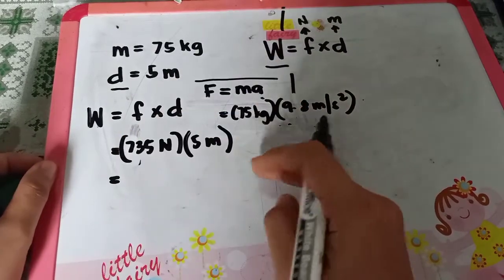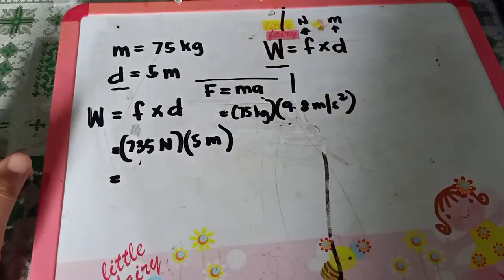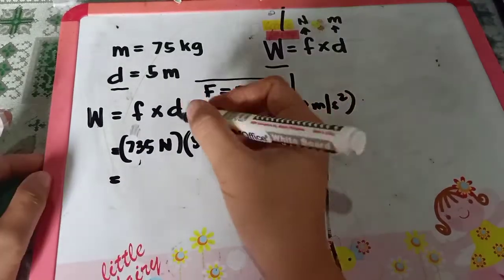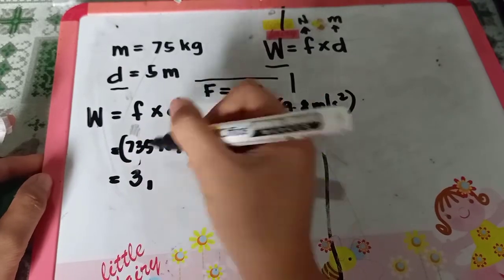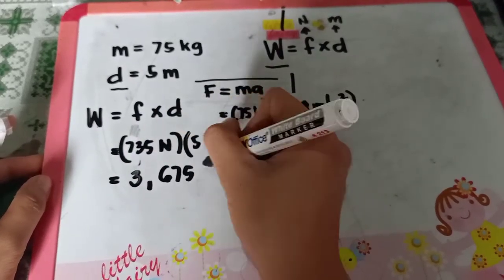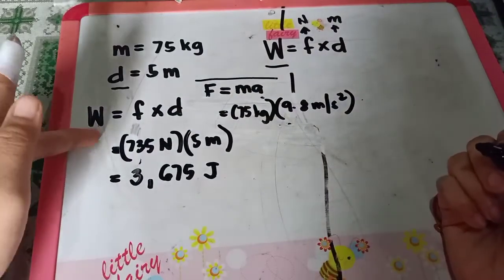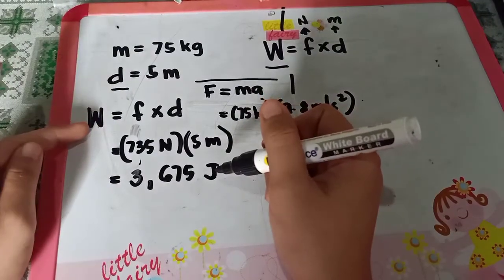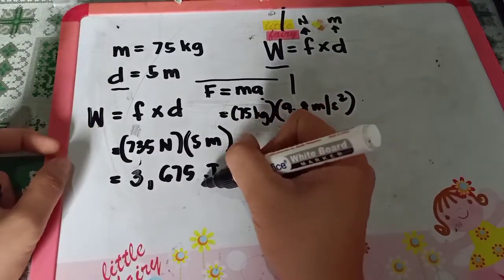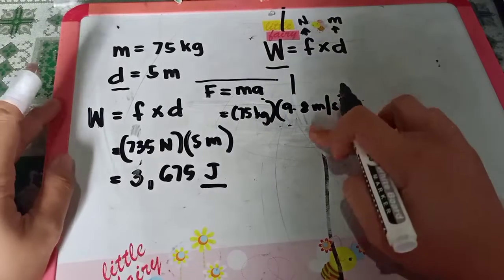So we will now multiply 735 and 5. The correct answer is 3,675 joules.